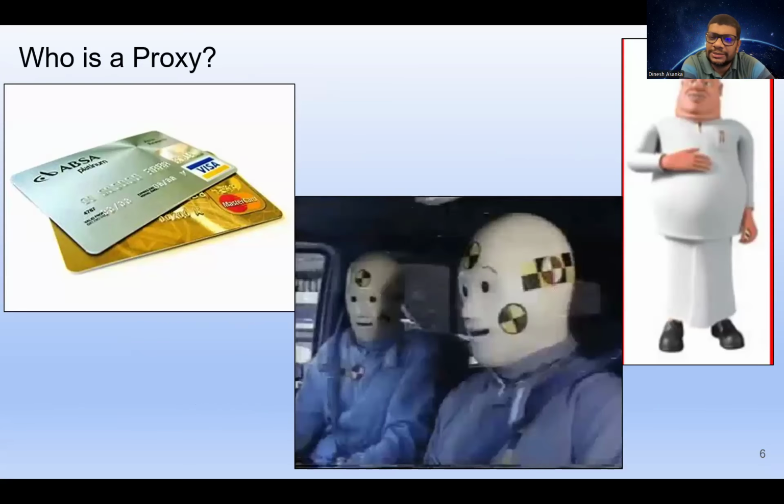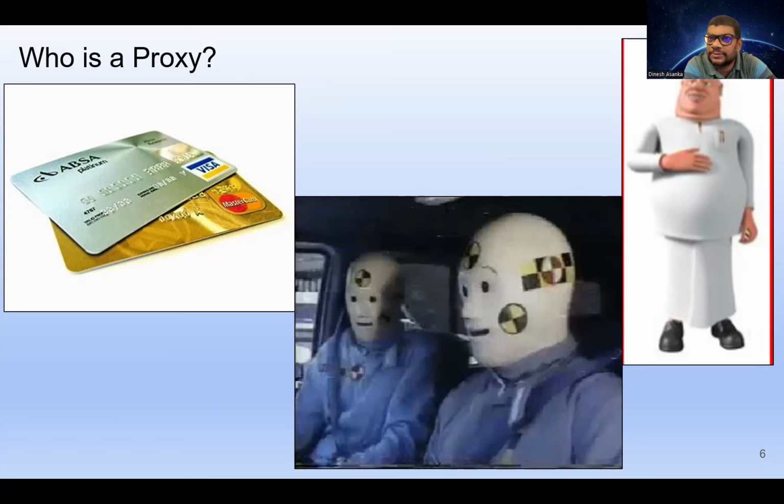So if you look at proxies, these are other proxies that we use in day-to-day life. If you look at credit cards, they are proxies for money. Instead of money, you use credit cards. And to represent people, there will be representatives.